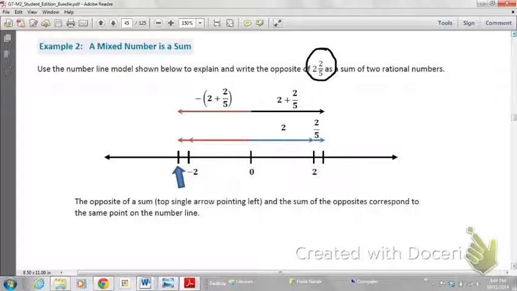Okay, so we can see, and hopefully you can see right away. Just take a look at 2 2/5 on the positive side firstly, which is probably the easier one. A mixed number is two pieces. It's actually a sum of its two pieces, and its two pieces are both what we call rational numbers.